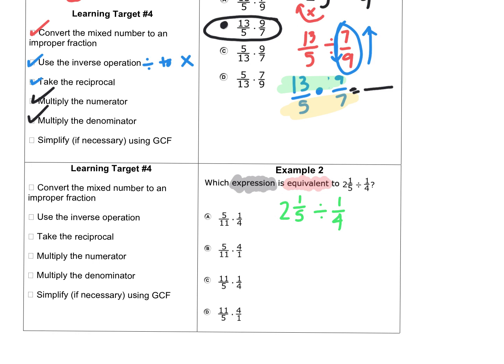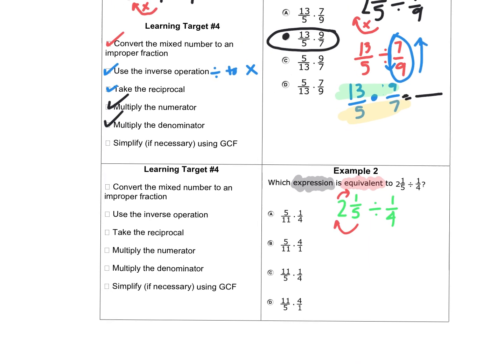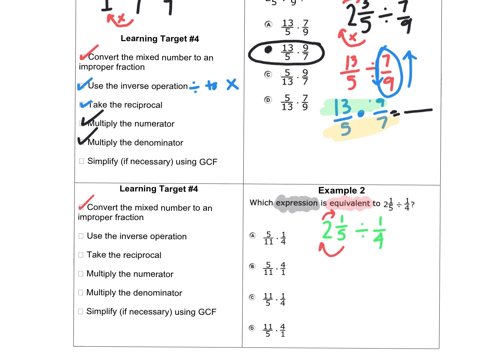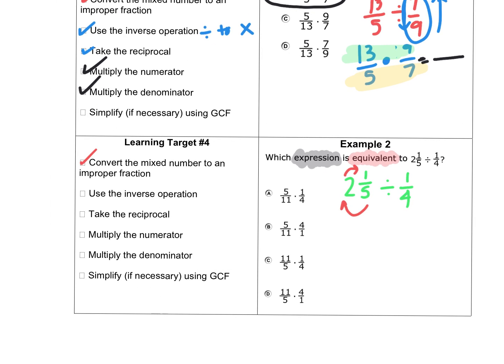The first thing we want to do is make this an improper fraction. That's why it says convert it. So we're going to multiply, and then we're going to add. Okay, so we have 2 times 5 is 10, plus 1 more is 11. So we have 11 over 5. And we still have our divided by, and we still have 1/4.